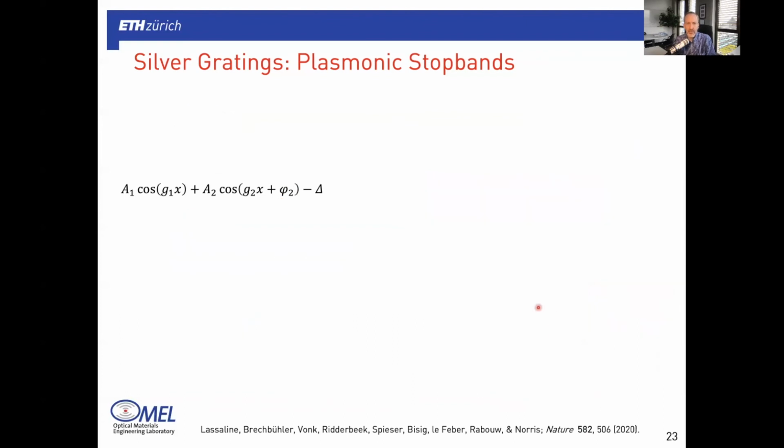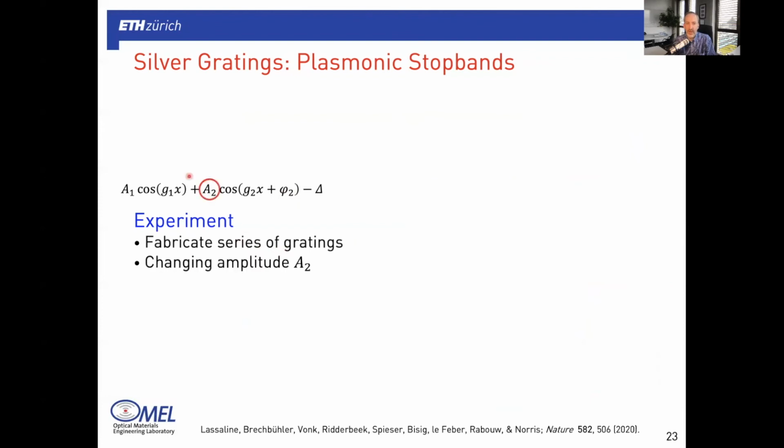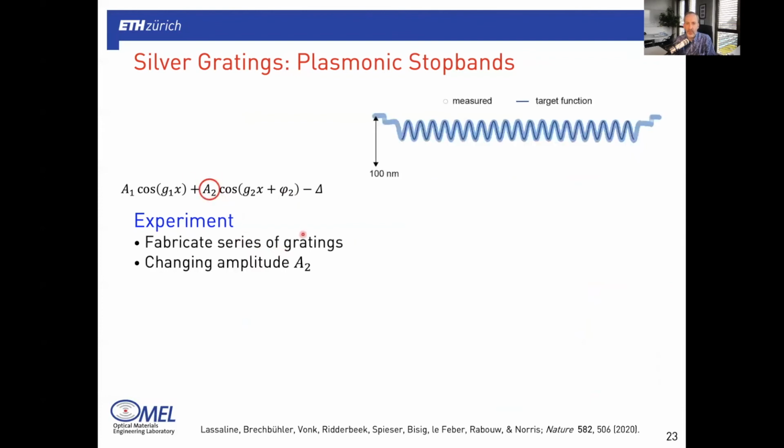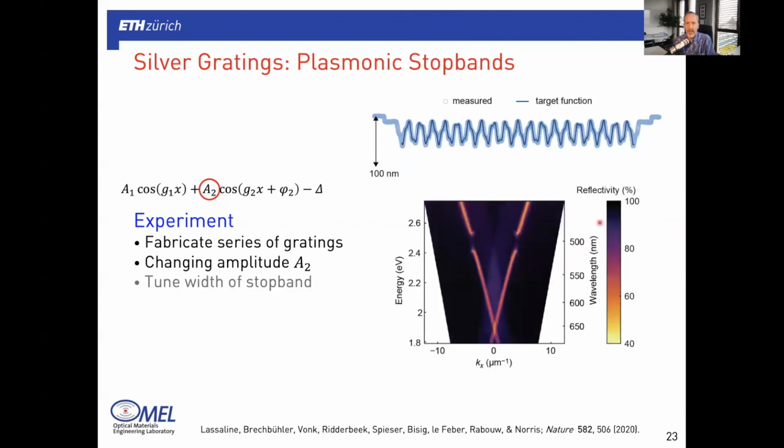The second thing he could do, which was fun, was again to make a series of gratings where he's varying the amplitude of this second component. And again, this is a GIF of experimental data. The line is the targeted function for each of these. And as this amplitude A is getting bigger, then you can see that the structure is changing from a single sinusoid. And then here's the corresponding dispersion diagram measured through this K-space imaging.